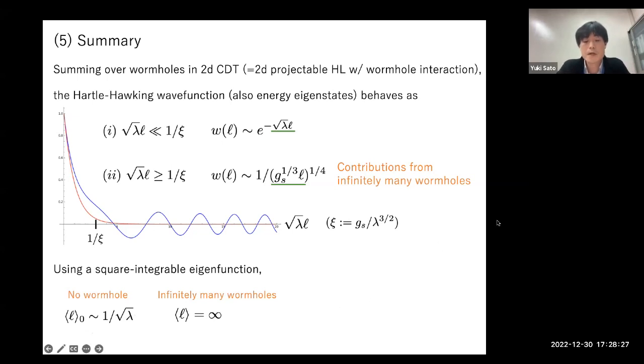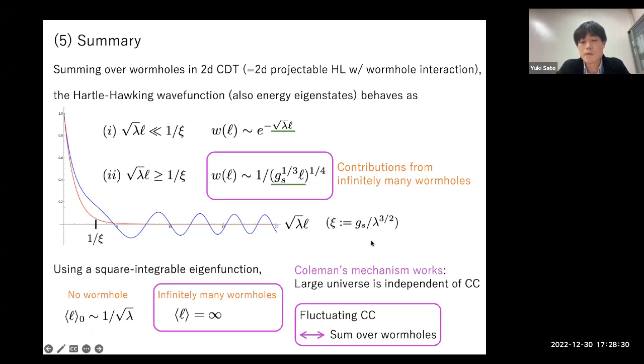Okay, by these two behaviors, we can conclude that a sort of Coleman mechanism works in this case, meaning that the large universe is independent of the cosmological constant. And we also have shown that if you think about the cosmological constant not as a constant but fluctuating in time, then such effect can be expressed by the sum over all possible wormholes. So this connection looks very interesting, I think.